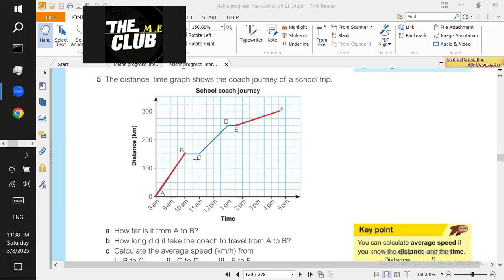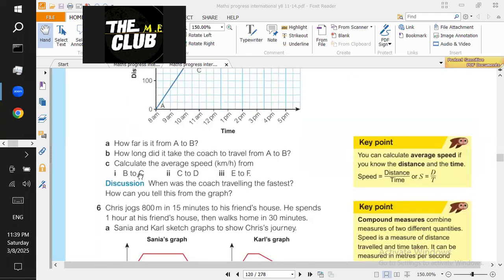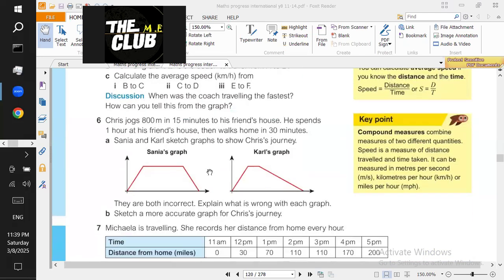A steeper line means going more distance in less time. So I can say that the A to B speed was the fastest on the graph because the line is the steepest. That's how you find out from the graph if it's traveling fast or not.